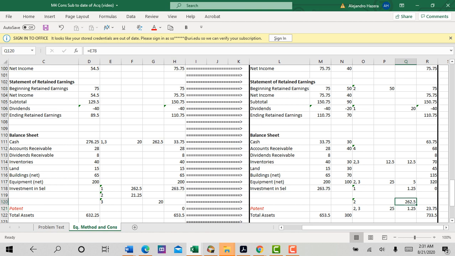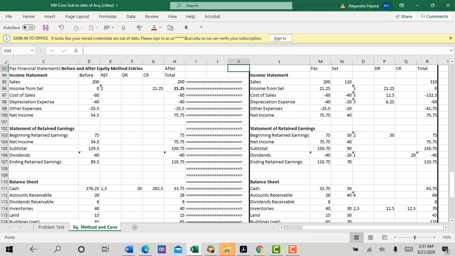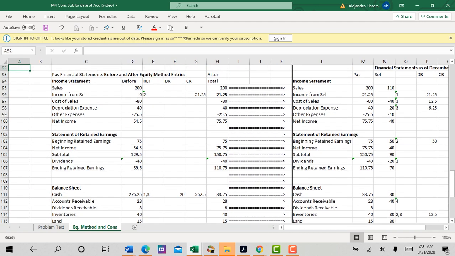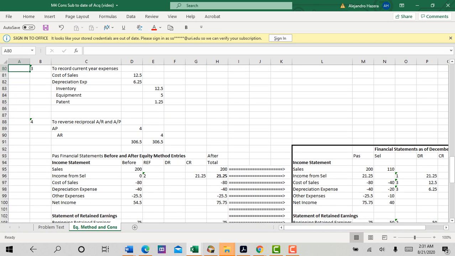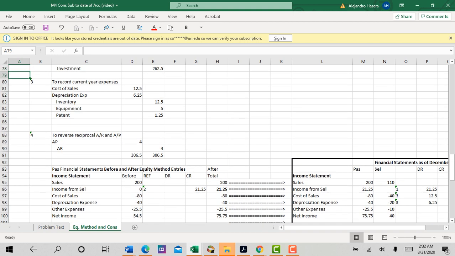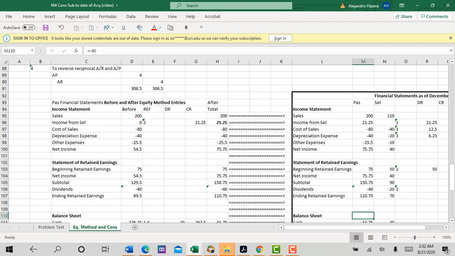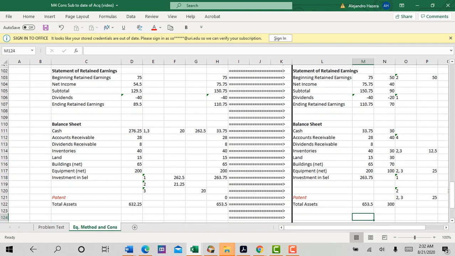Next, we will credit. We'll finally finish with entry 4, which was just eliminating a reciprocal account receivable, account payable. So we're going to reduce our accounts payable.